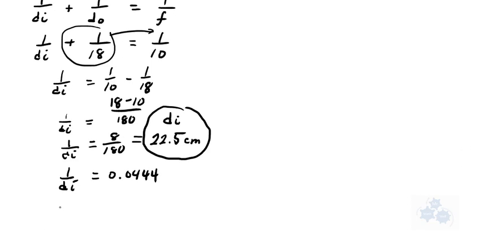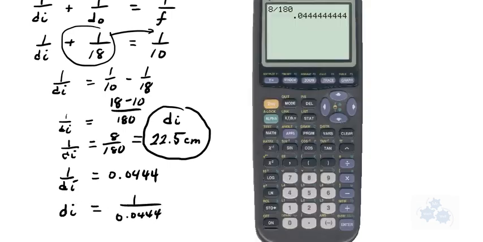And so that actually looks like this. di then is 1 over this value. And there's a function on your calculator, even if you don't have one like mine, it's an x to the negative 1. You just hit that button, it'll take that answer, it'll find the reciprocal, and let's see what happens. There we go. That's how we get the 22.5.